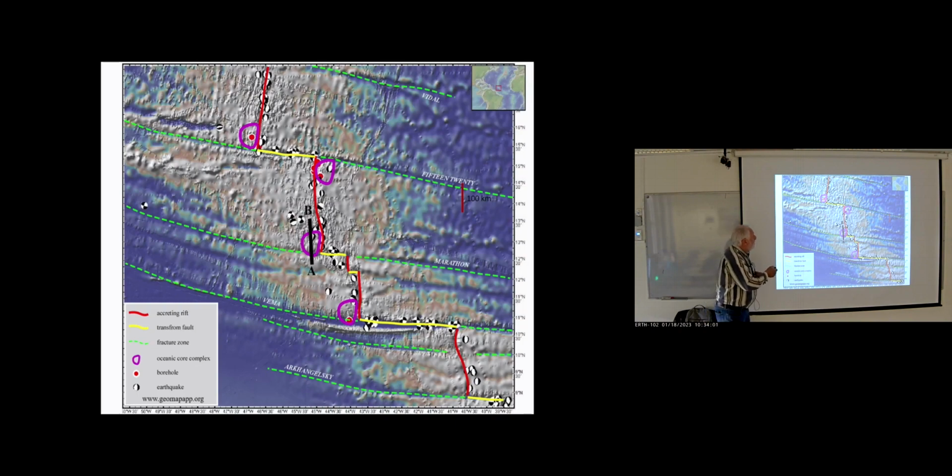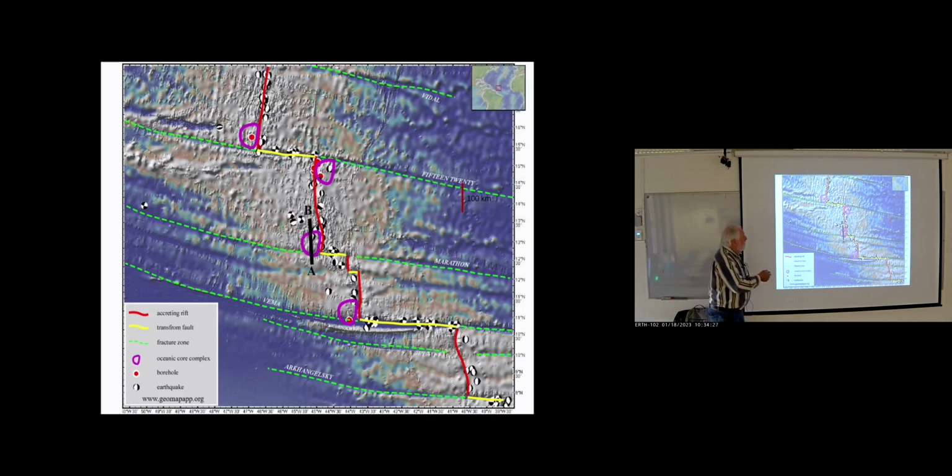Things will happen, and you don't need a push to produce it. It's even static. You let it go, and the denser slab will dive under the lighter slab. That's what we showed in the theoretical model, and that's what we showed in analog modeling.